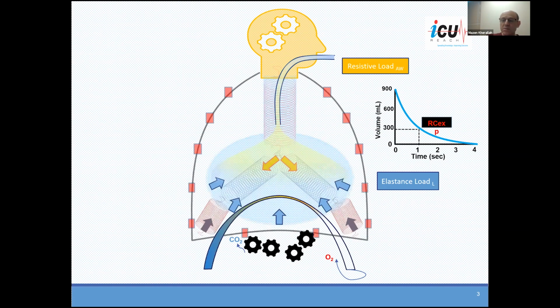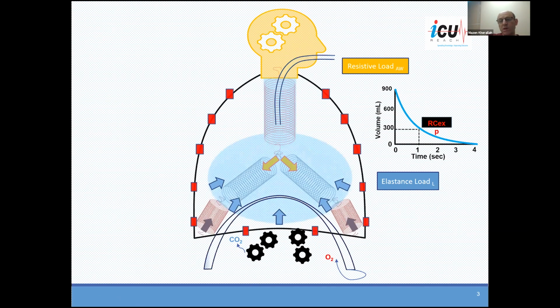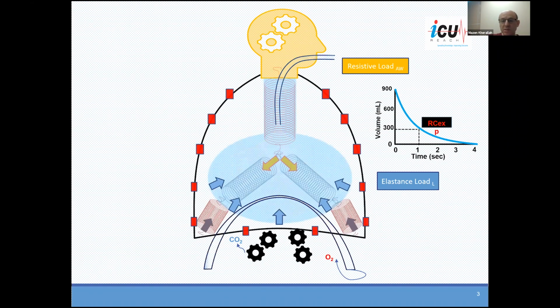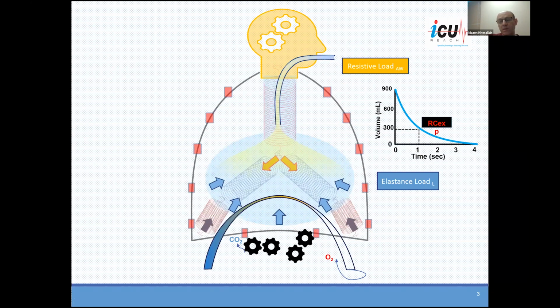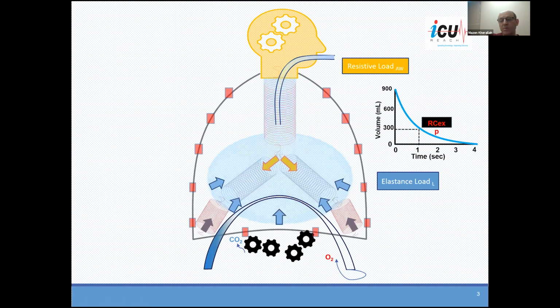The time constant is simply RC, which is resistance multiplied by compliance. So the higher the resistance, the higher the time constant. The higher the compliance, the higher the time constant. The lower the compliance, the lower the time constant.